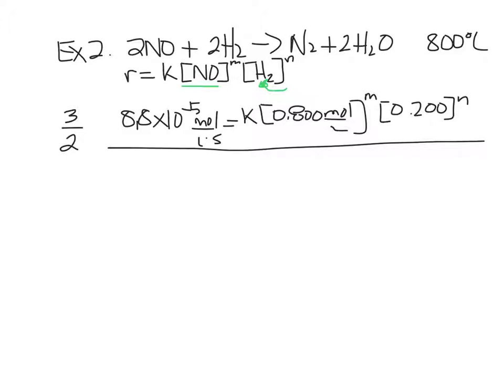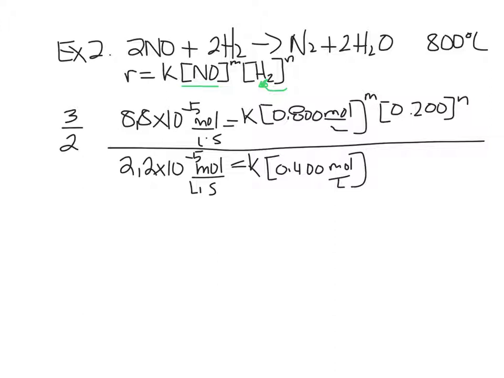So the rate for the second experiment was found to be 2.2 times 10 to the negative 5 mole per liter per second. This is equal to K times the concentration of NO, I forgot that mole per liter, times the concentration of H2.